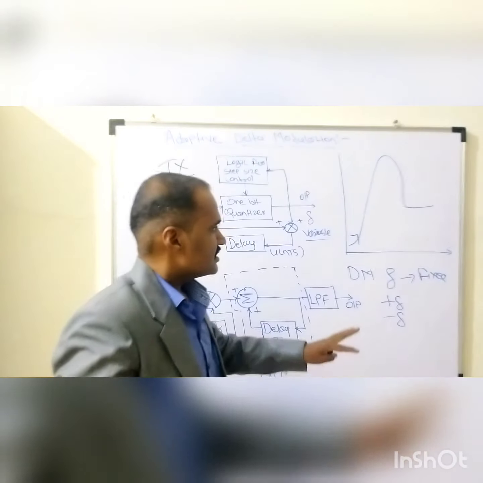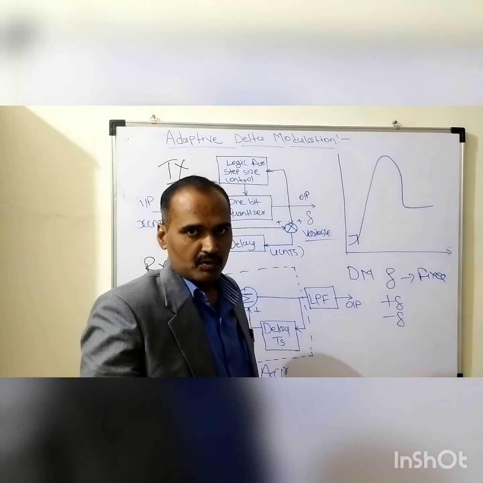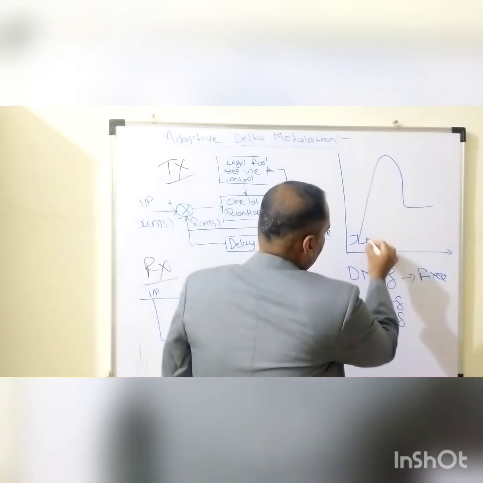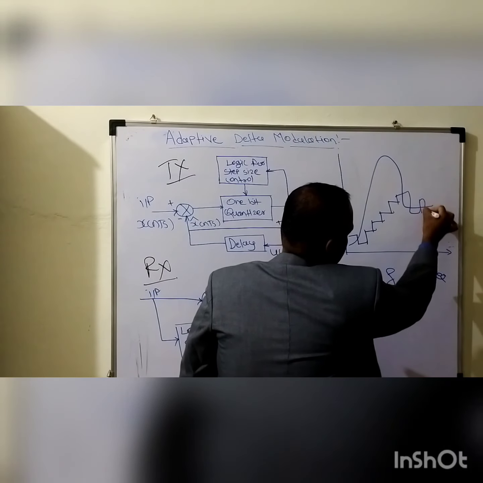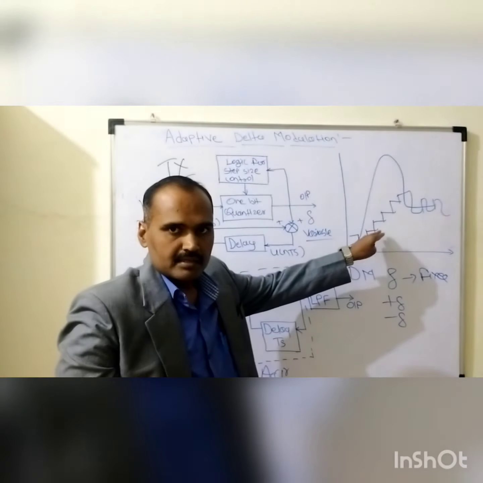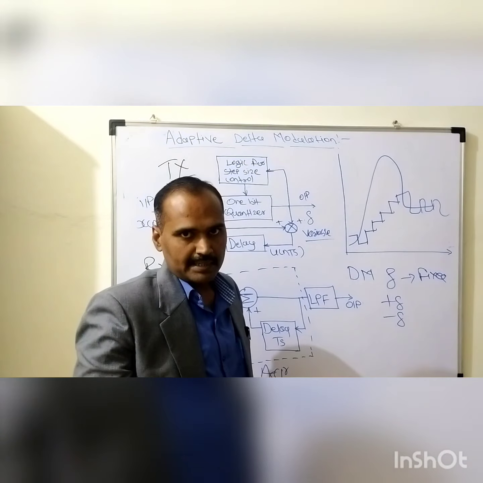Our area of interest is this: whenever we have a high degree of slope in the continuous time signal, the staircase approximated signal falls behind the continuous time signal. At that time the step signal is not able to follow the envelope of the continuous time signal.